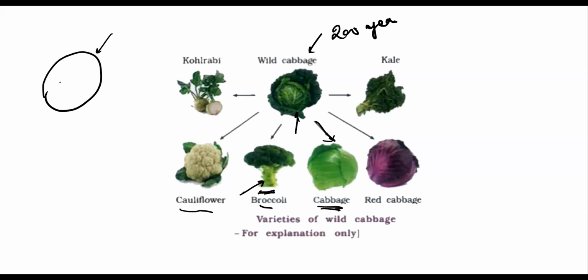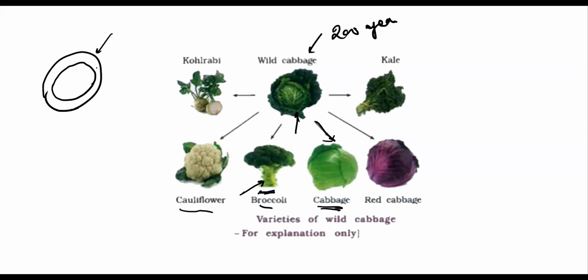But due to genetic engineering, we have improved the thickness of these tomatoes, and now they have a thick wall, and due to this we are able to transport tomatoes from one place to another without them rotting.